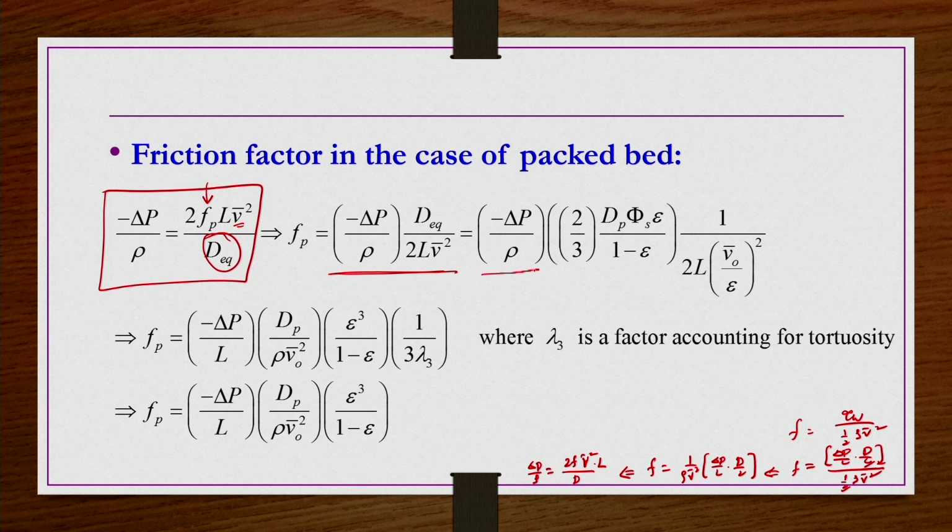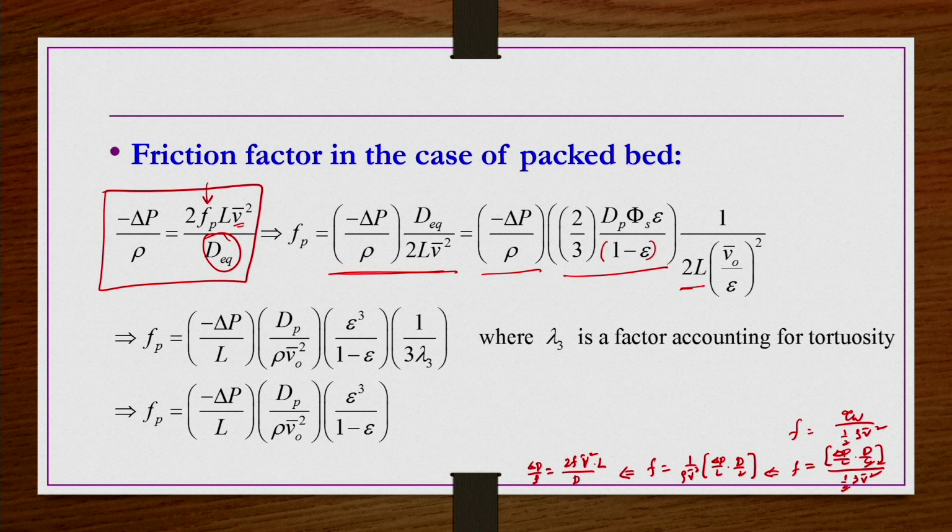So, minus delta p by rho is as it is. d equivalent we found as 2 by 3 dp phi s epsilon by 1 minus epsilon in one of the previous lectures. And then 1 by 2 L is as it is, and v bar is v naught bar by epsilon, whole square, because there is a square for v bar.